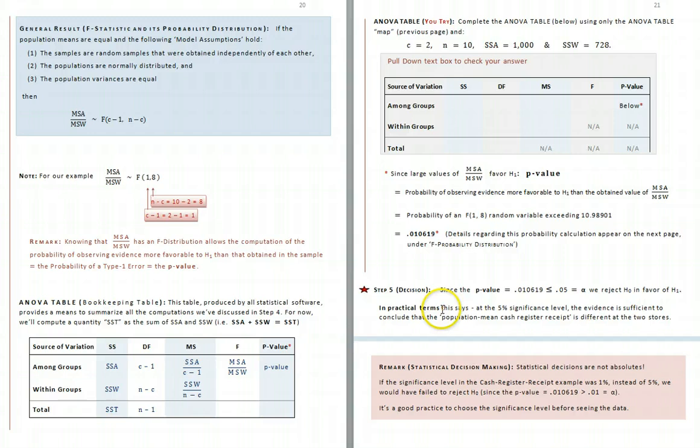In practical terms, this says, at the 5% significance level, the evidence is sufficient to conclude that the population mean cash register receipts actually differ between the two stores.